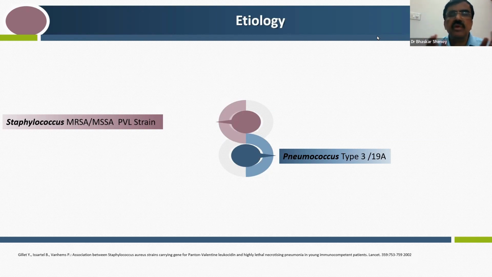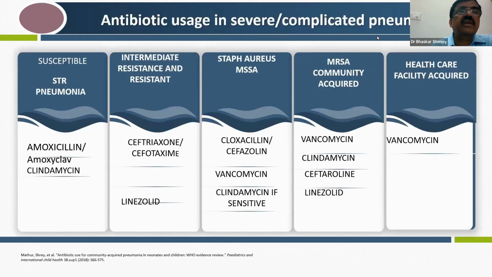You may be knowing that there are more than 100 serotypes, out of which a few serotypes are very dangerous, and in that, 3 or 19A are known to cause severe complicated pneumonia. This table just shows you the antibiotic choices.